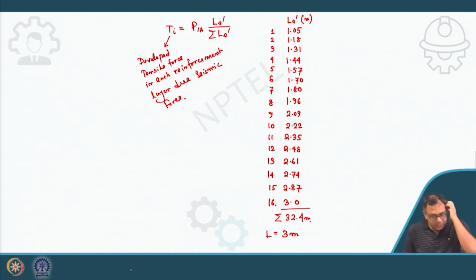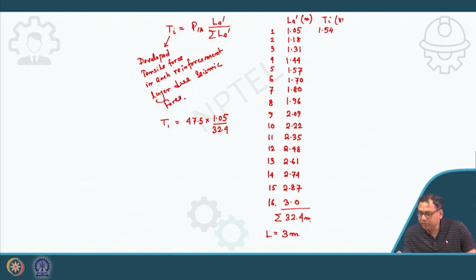Okay, so now for the first layer, what will be the Ti developed? For the first layer, Ti will be the total 47.5, then for the first layer it is 1.05, and the summation is 32.4, so it will be 1.54 kilonewton per meter.